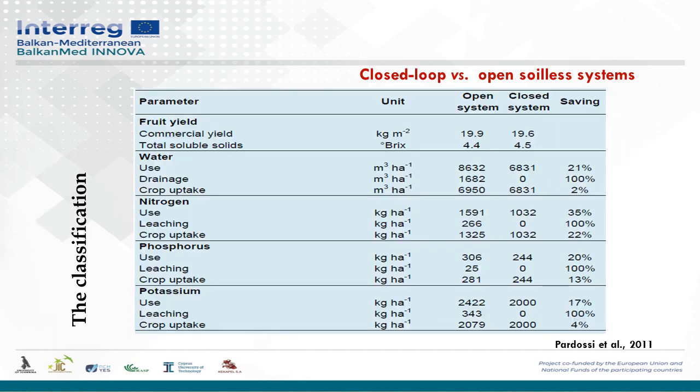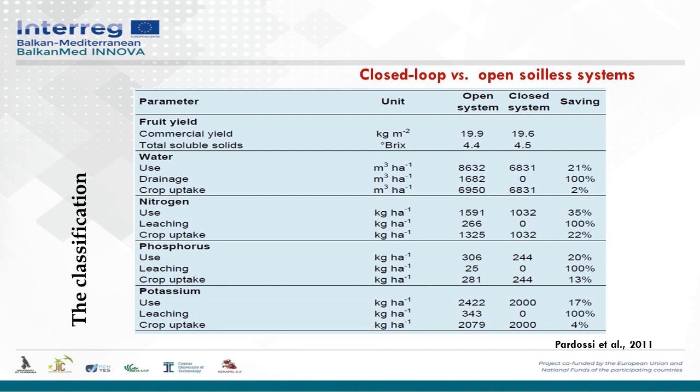Of course, by having open or closed soilless production systems, we might have some differences regarding the expected harvest yield, but much more regarding water use efficiency and nutrient use efficiency. From this table you can see that there are non-significant differences in the harvested yield between the open system and closed system.